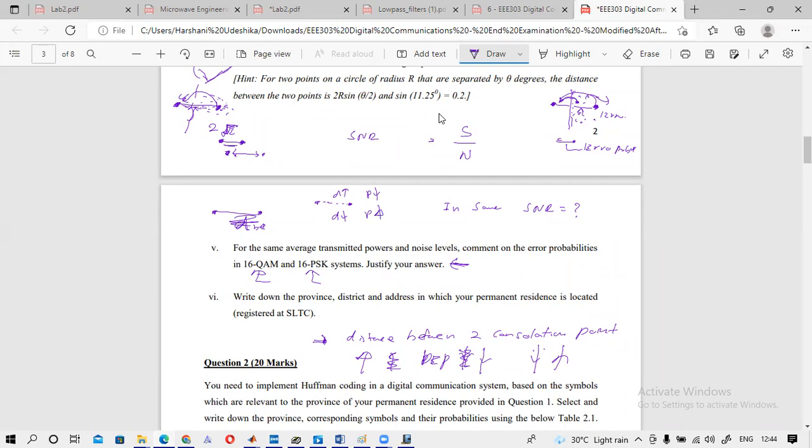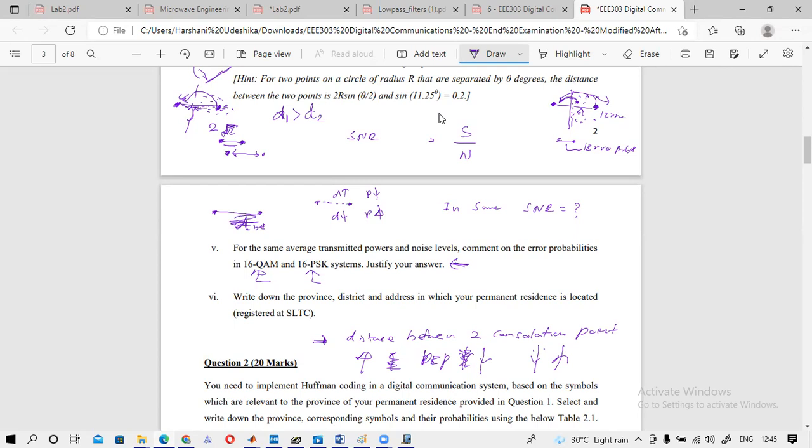So in this question you can see that the minimum distance between two adjacent points in 16-QAM, which we take as D1, is greater than the distance between two adjacent points of 16-PSK, D2.